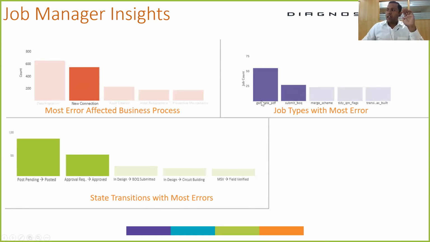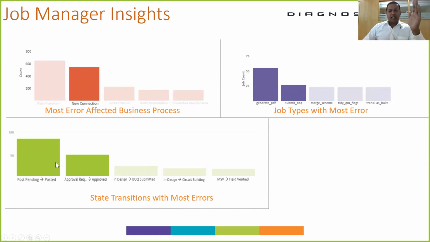The job failures are mostly around generation. The top failure jobs are around generating of PDF and submission of BOQ, the bill of quantity. And finally, I see that the jobs are failing in the state from post pending to posted, that is just before posting of the data. And the second one is between approval requested state and the approved state.